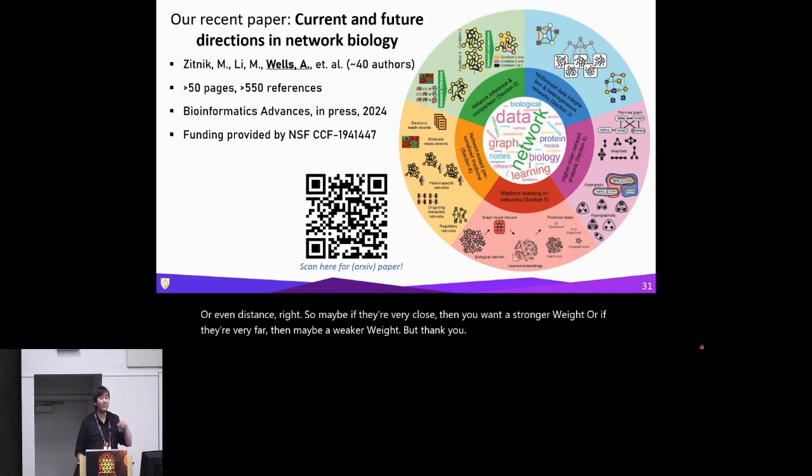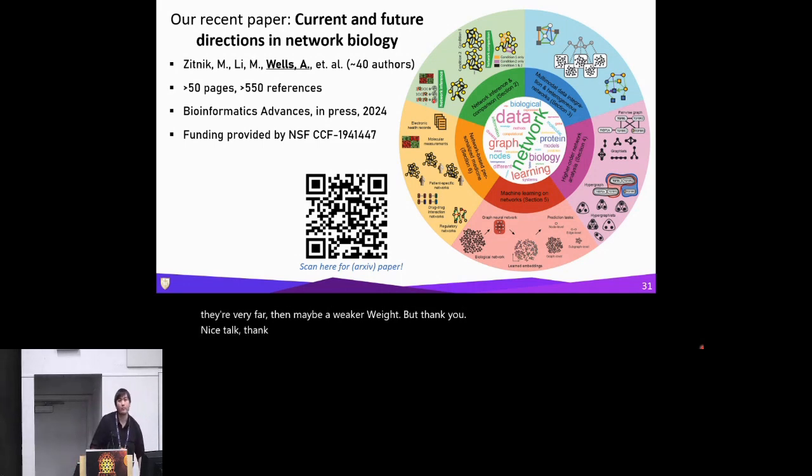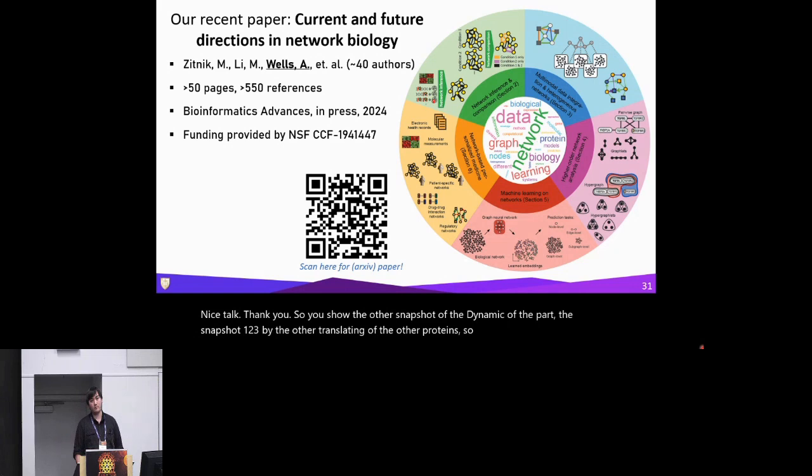Nice talk. Thank you. So you show the snapshots of the dynamics of the protein, snapshots 1 to 3, by the translating of the proteins. Have you actually put in the element of the kinetics of the translation?